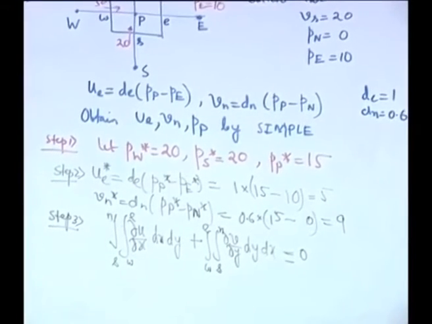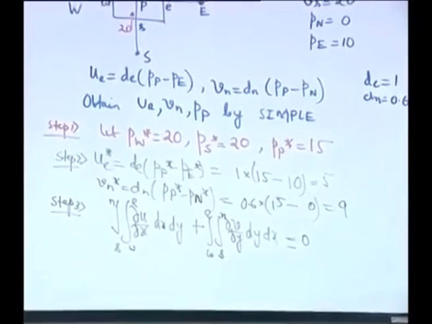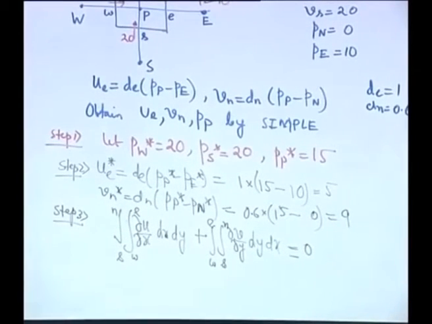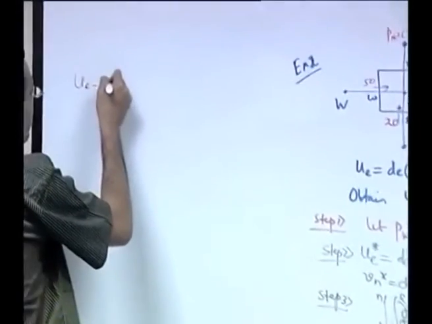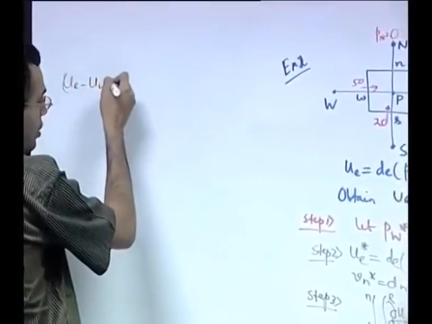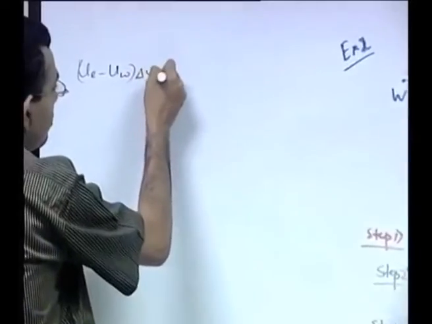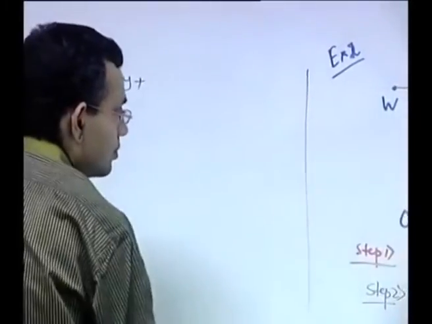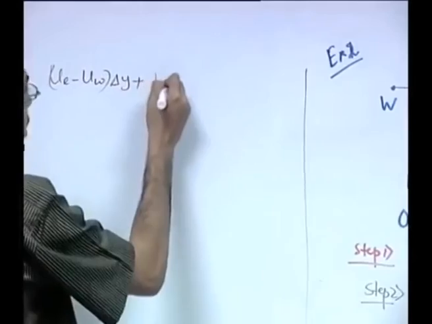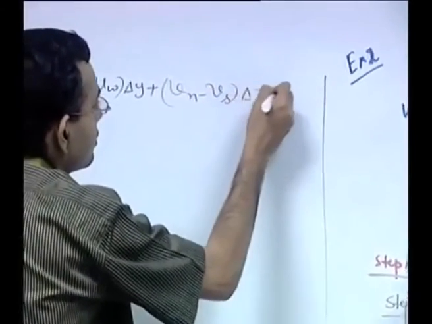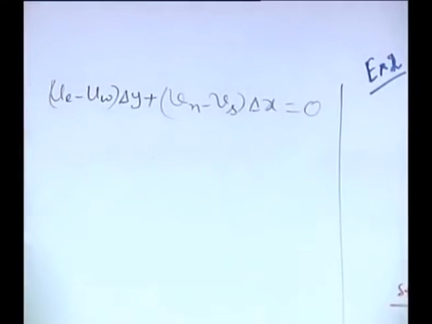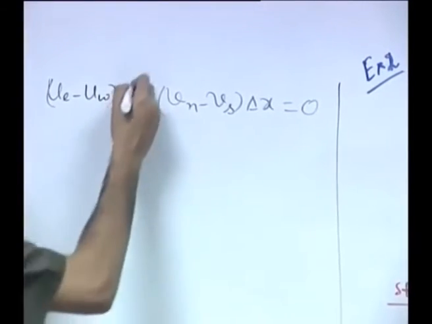So, we have integrated the continuity equation. So, it will be Ue minus Uw into delta y plus Vn minus Vs into delta x equal to 0. Delta y and delta x are the same.